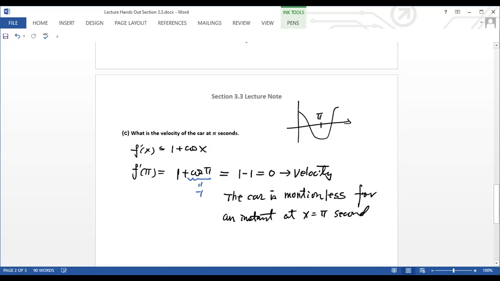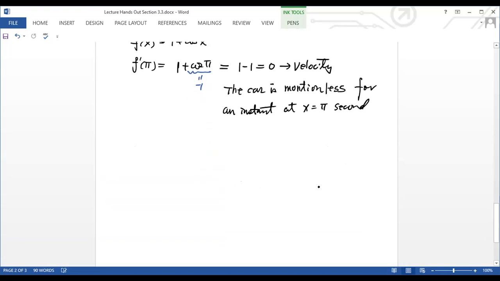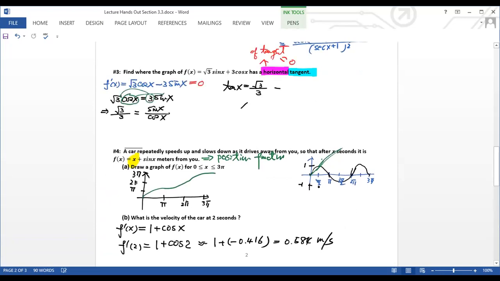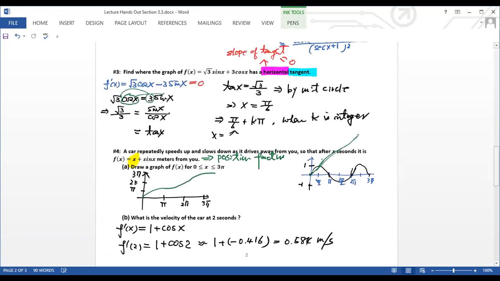That means at that moment my car stopped, it's motionless, right? That's what the velocity means. And I think that's it for this section, how to take the derivative of the trig function.